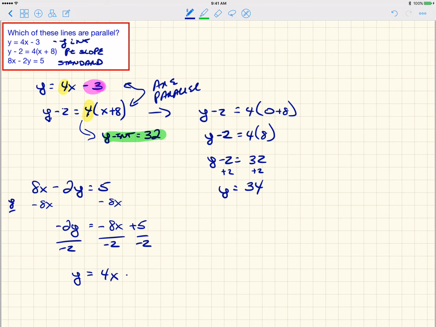We're just going to leave it as an improper fraction, and that's going to be minus 5 over 2. We take a look at this slope, and we can see that the slope of our equation that was in standard form is 4. So these lines are all parallel to each other. So this is also parallel.